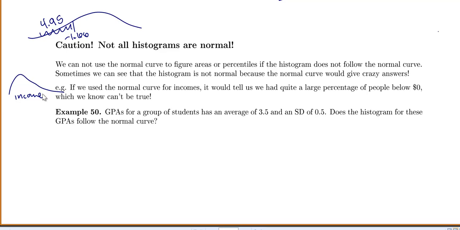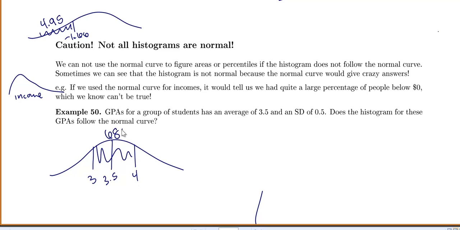For example 5, GPAs for a group of students have an average of 3.5 and a standard deviation of 0.5. Does the histogram for these GPAs follow the normal curve? Well, if it did follow the normal curve, then you'd be centered at 3.5, and then if you go up one standard deviation in either direction, that would be a 3 and a 4, and that should be the 68% of the people between one standard deviation. And then if you go up another one, that would be 4.5 to 2.5.